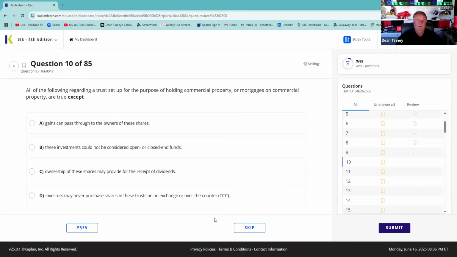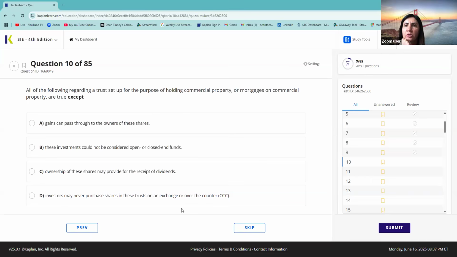All the following regarding a trust set up for the purpose of holding commercial property or mortgages on commercial property are true, except. Gains can pass through to the owners of these shares. This investment could not be considered open or closed-end funds. Ownership of these shares may provide for the receipt of dividends.